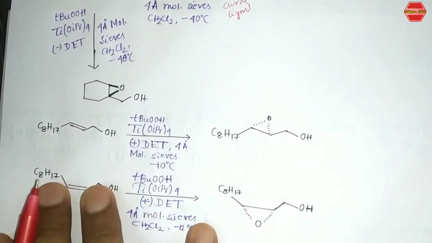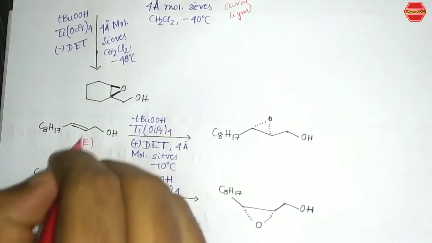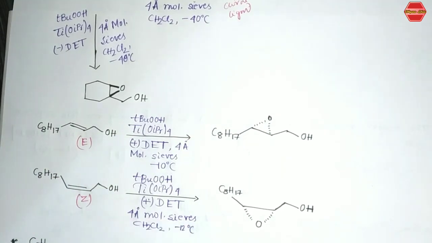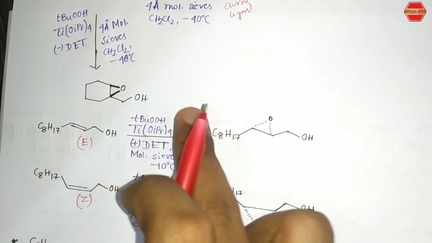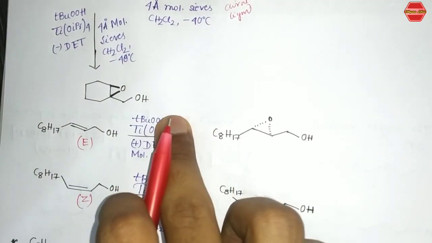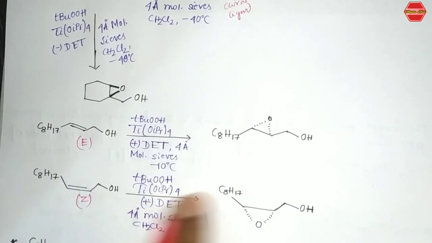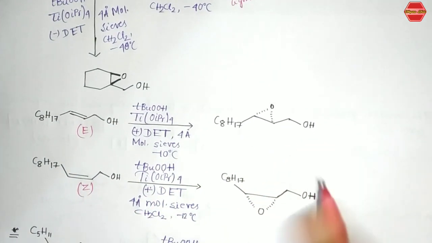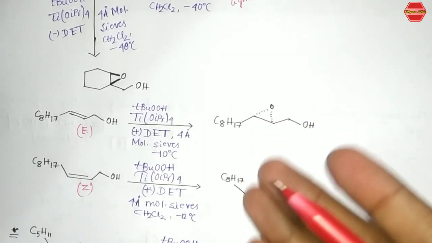Now here we are taking a compound where this is our E alkene and this is our Z alkene. The reagents are completely the same for these two E and Z isomers, and we are getting the same product, that is, the epoxide formation on the back side in the dash position.